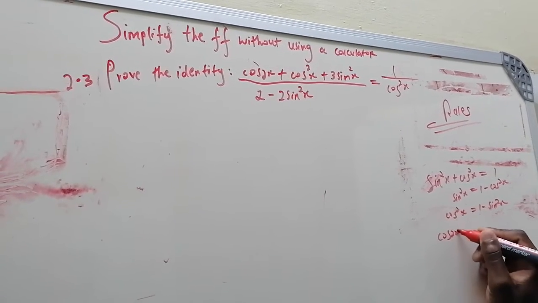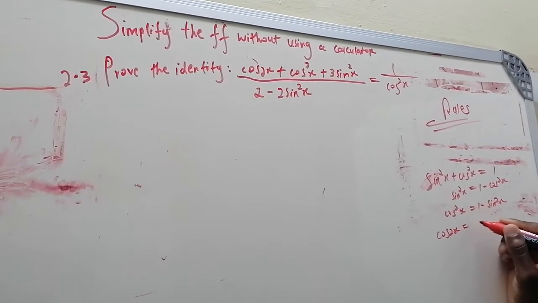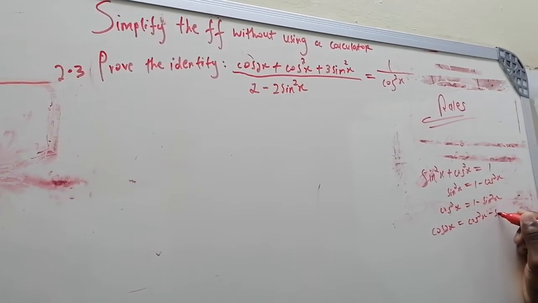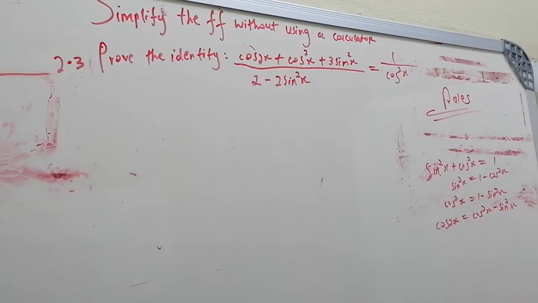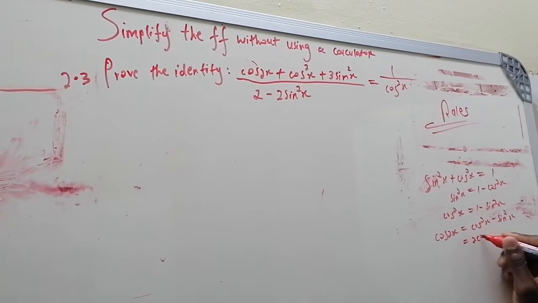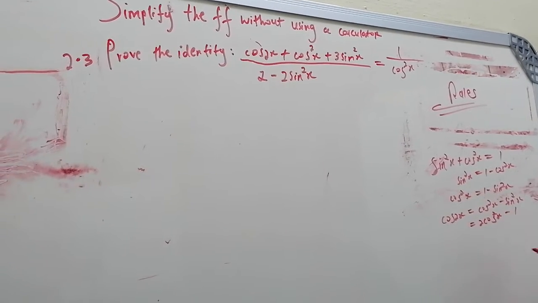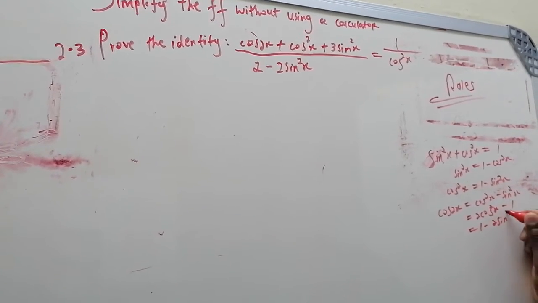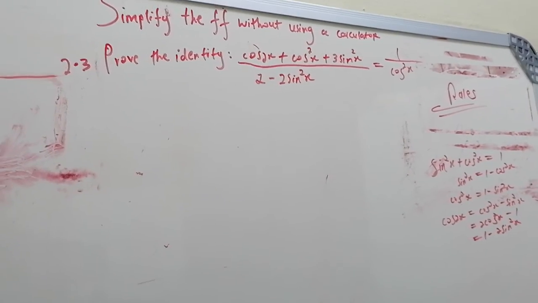We know that cos 2x will be equal to cos squared x minus sine squared x, and cos 2x must also equal 2 cos squared x minus 1, and must also equal 1 minus 2 sine squared x.